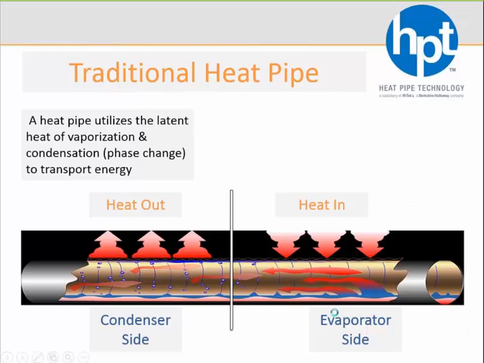That refrigerant changes phase from liquid to vapor, flows to the other end of the heat pipe, and releases that heat. When it releases that heat, the refrigerant changes phase back from vapor to liquid and flows back to the evaporator side, which is the right side. So essentially, it is using that phase change to absorb heat on one end and release it on the other end. It's actually a fairly simple concept.